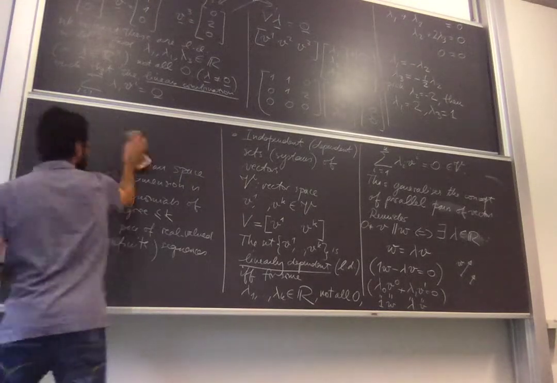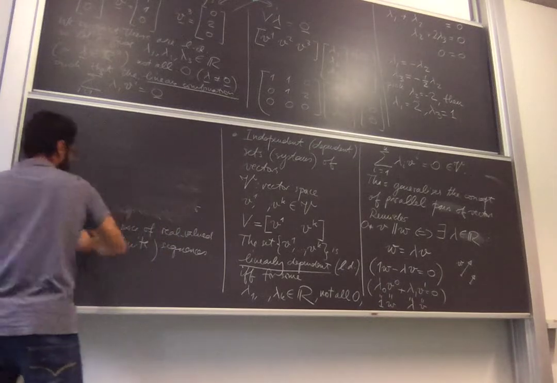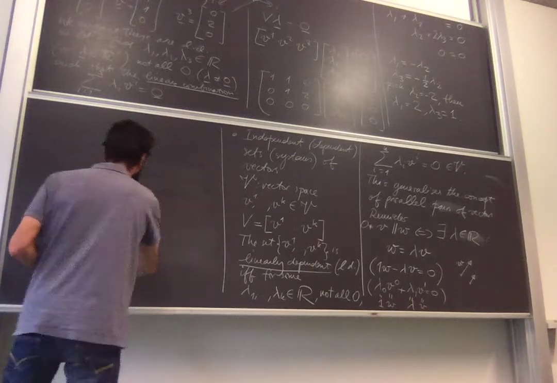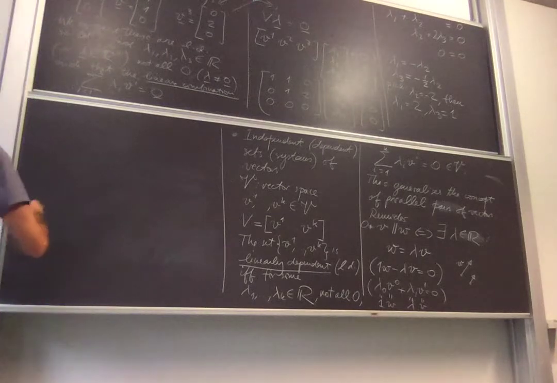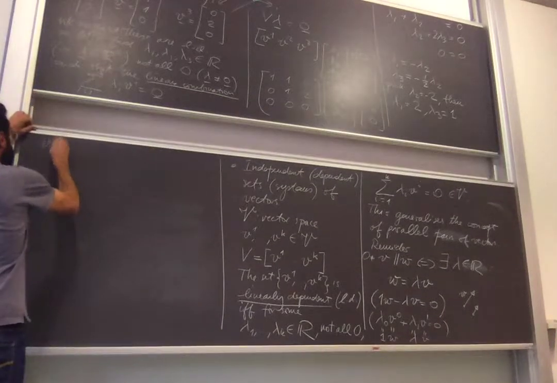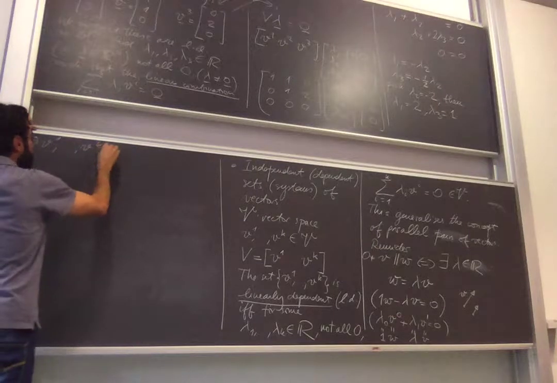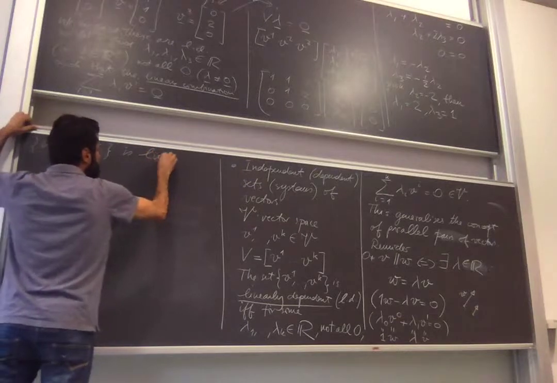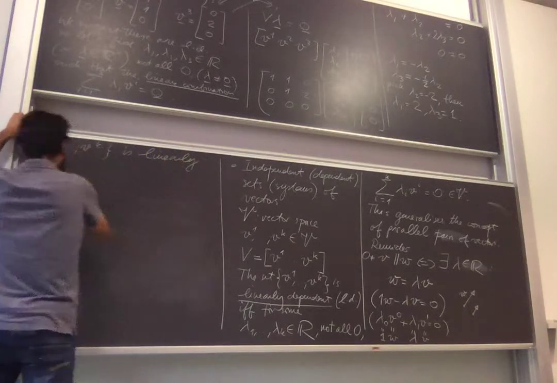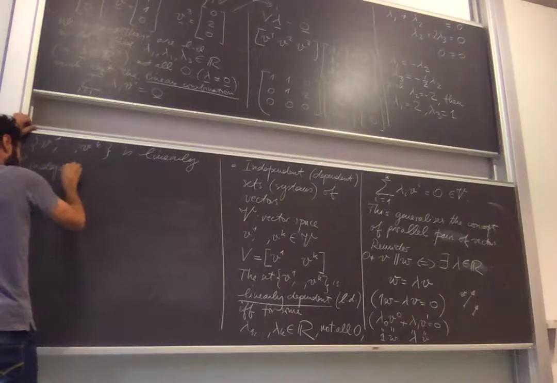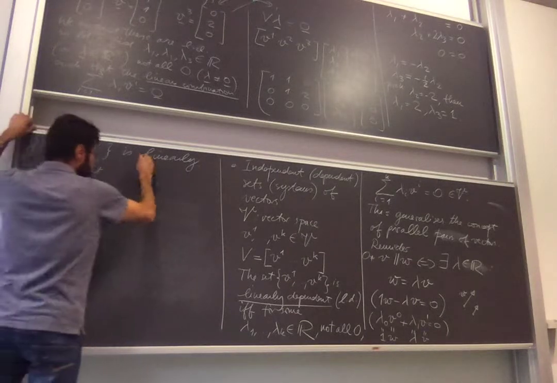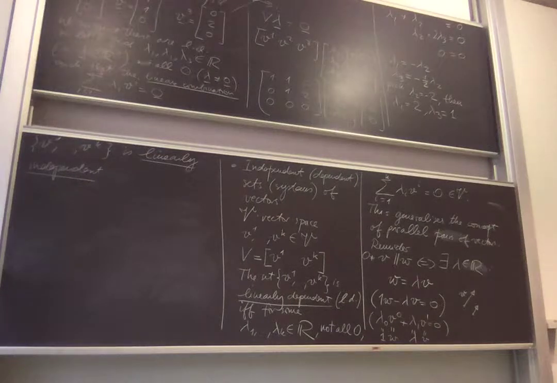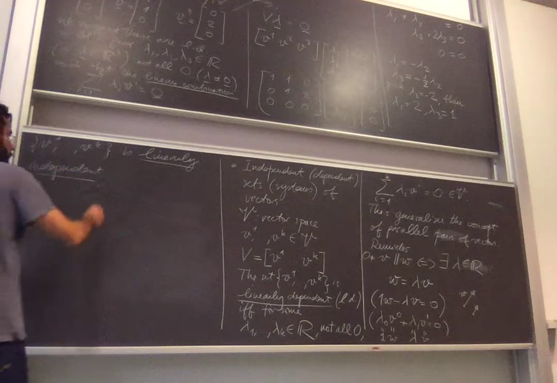B1 to Bk is linearly independent. Sometimes you say system for a set of vectors. Traditionally, it's also called a system of vectors. We say that the system of vectors is linearly independent, or Li.